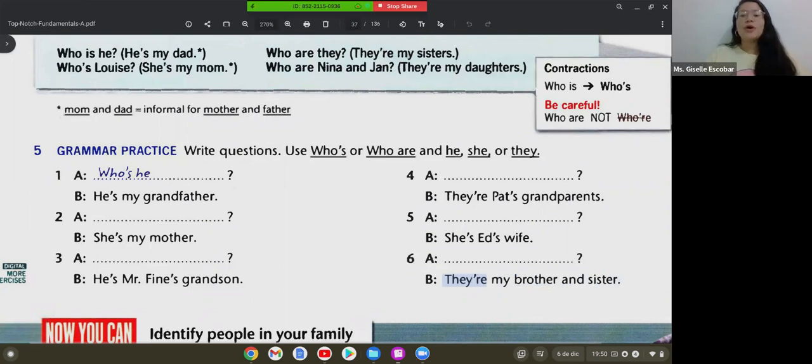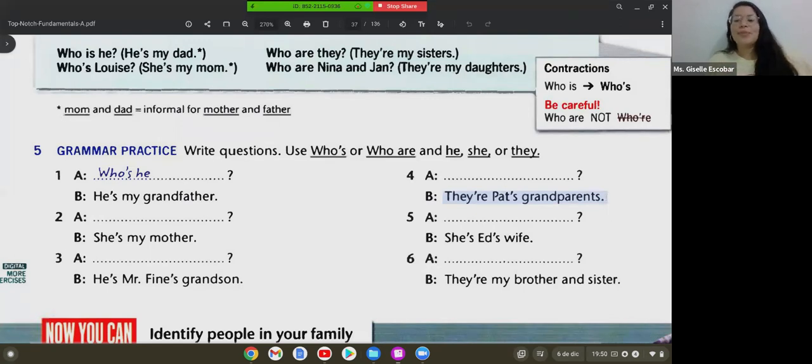Perfect. So I'm going to ask you guys some questions, but I want you to pay attention to this part. They are Pat's grandparents. ¿Qué está diciendo esta oración?